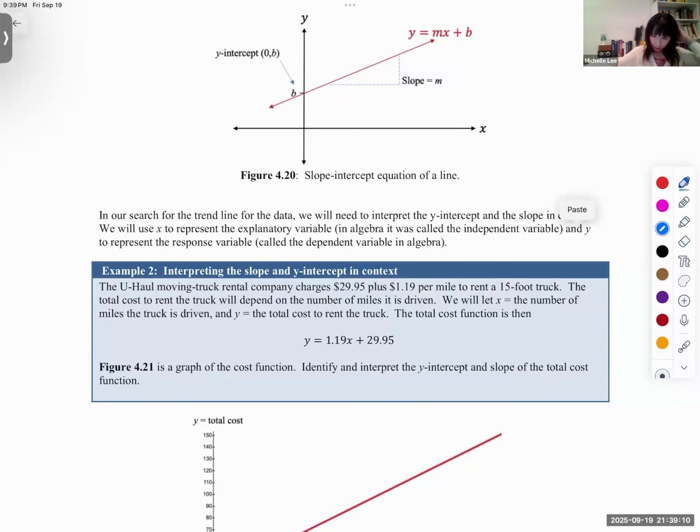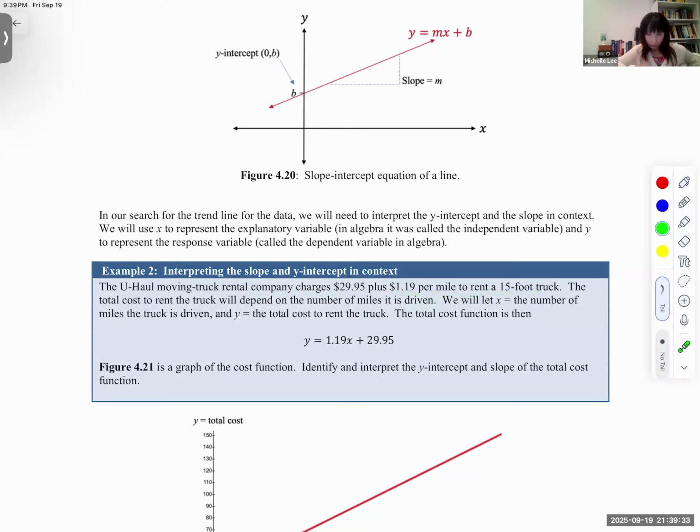We have example 2. Let's take a look. A U-Haul moving truck rental company charges $29.95 plus $1.19 per mile to rent a 15-foot truck.